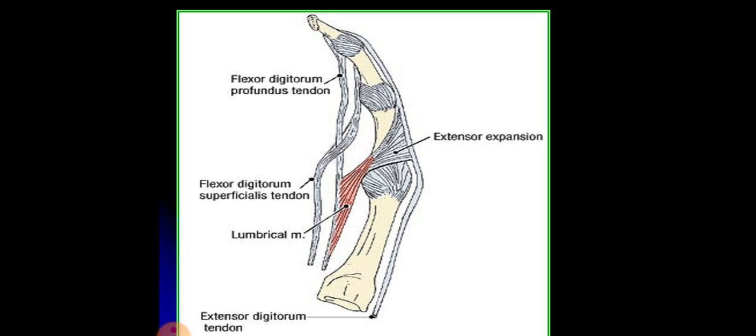This dorsal expansion is divided into a central slip or central tendon and two peripheral tendons. The central tendon is inserted in the base of the middle phalanx, and the two peripheral tendons are inserted in the base of the distal phalanx.